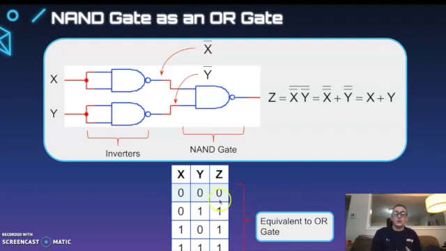So again, if we look down here at the truth table, 0, 0, 0, that would make sense because we have now made it so that this is the OR gate. Now we have it so it's 0 or 1 is giving us a 1 output. 1 or 0 is giving us that 1 output. And then when we have both of those sequences, we are also getting an output of 1. So it takes those 3 in order to create that OR gate function using only NAND gates.